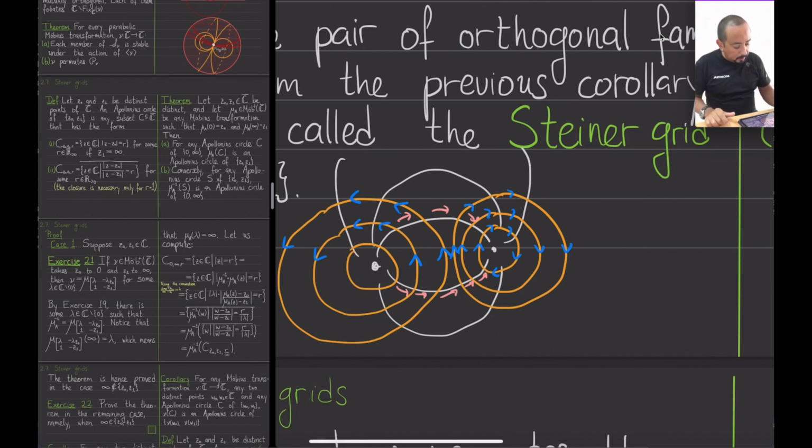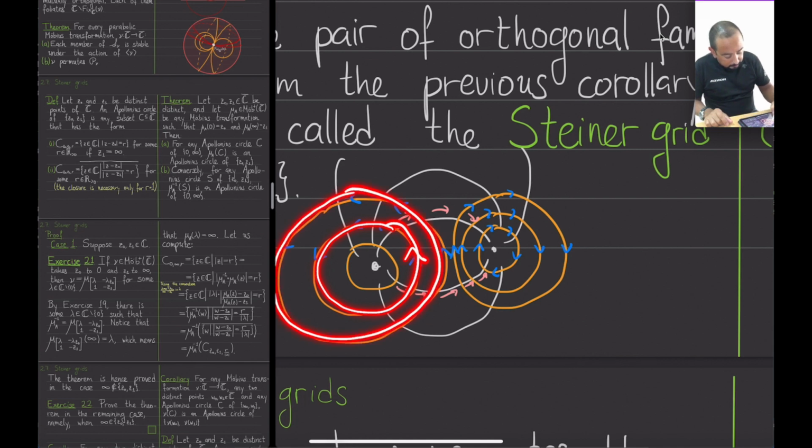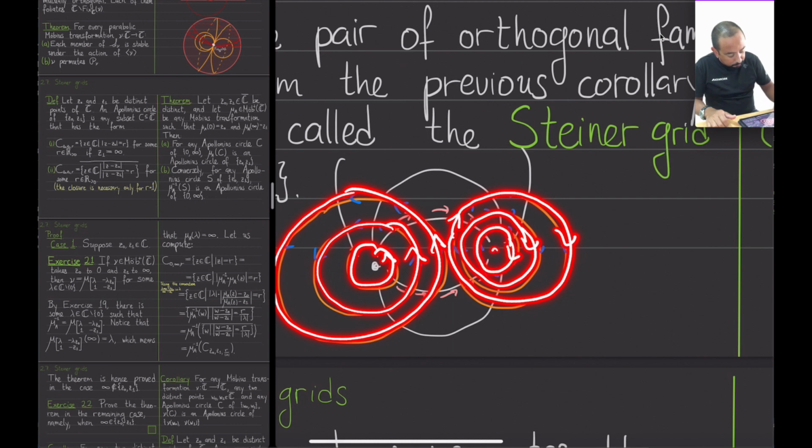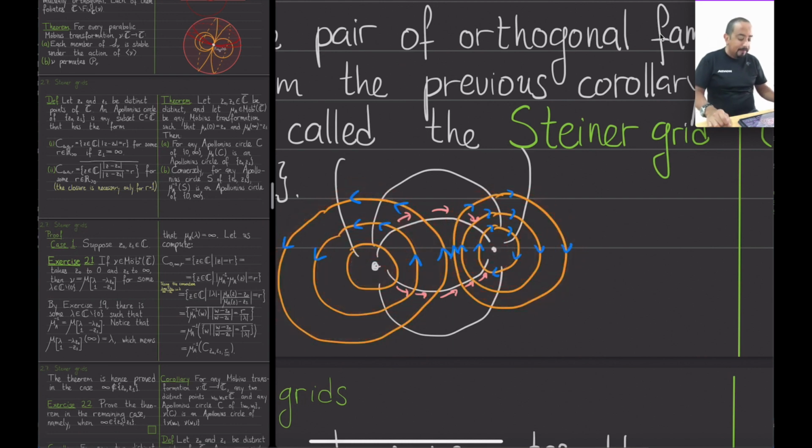So here, if you're conjugating a Möbius transformation, sending zero to this point, and infinity to this point, then here is how the rotation around this point, around zero, looks like. But you see, you also have some rotation behavior around the other point, which is the one that represents infinity.